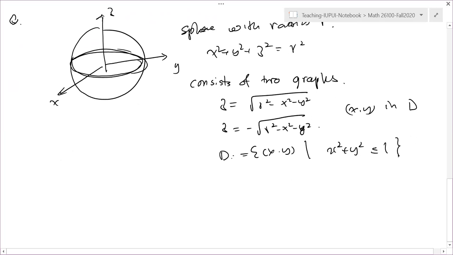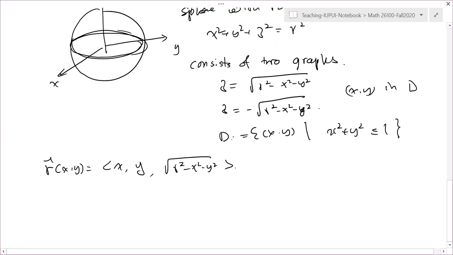Now we can parameterize this surface in a certain way. If you find one parameterization, you can find R. If you want to use x, y, it's (x, y, square root of r squared minus x squared minus y squared). So this is one parameterization. It only covers, yeah, the image of this. So this R is from D to the sphere, that's called S2, okay?